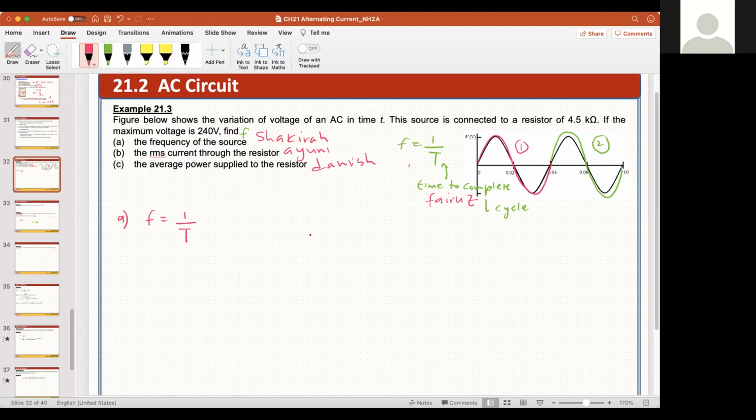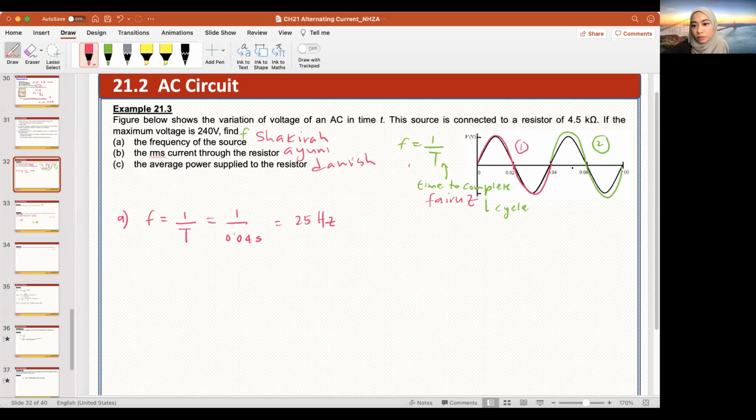Lepas tu kat situ satu cycle tu 0.04. Jadi frekuensi sama dengan 25 Hz. Hertz. Okay, betul? Good job.